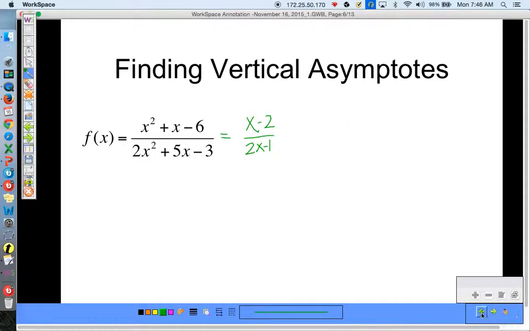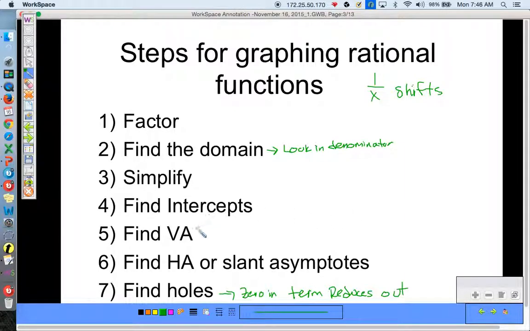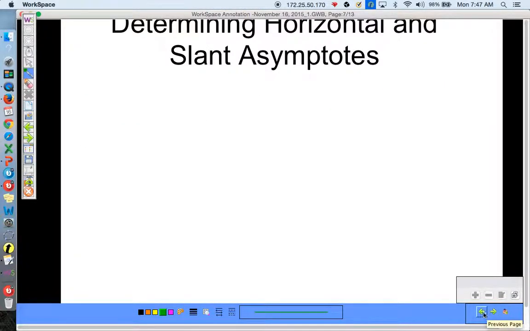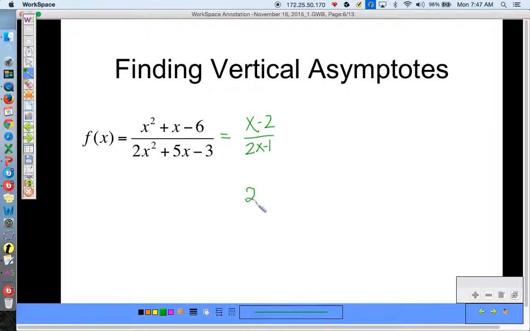Our vertical asymptotes are zeros in the denominator. What makes a 0 in the denominator? When does 2x minus 1 equal 0? Well, when x equals 1/2. So what that means is we have a vertical asymptote at x equals 1/2.